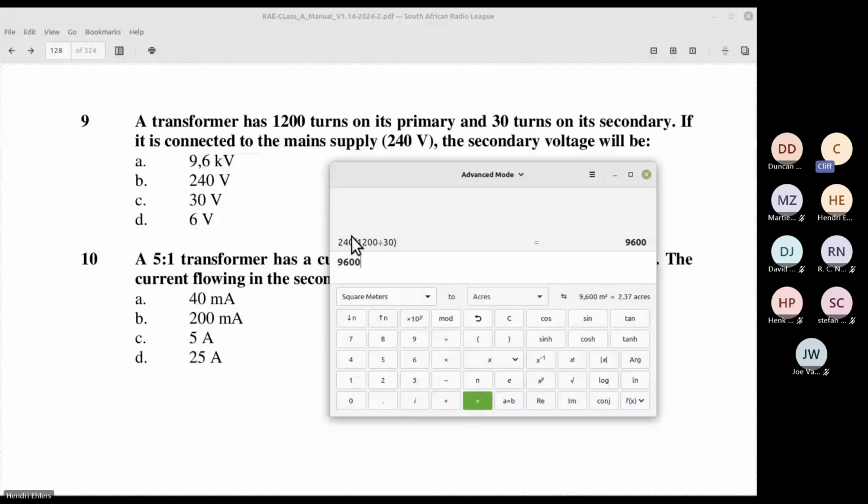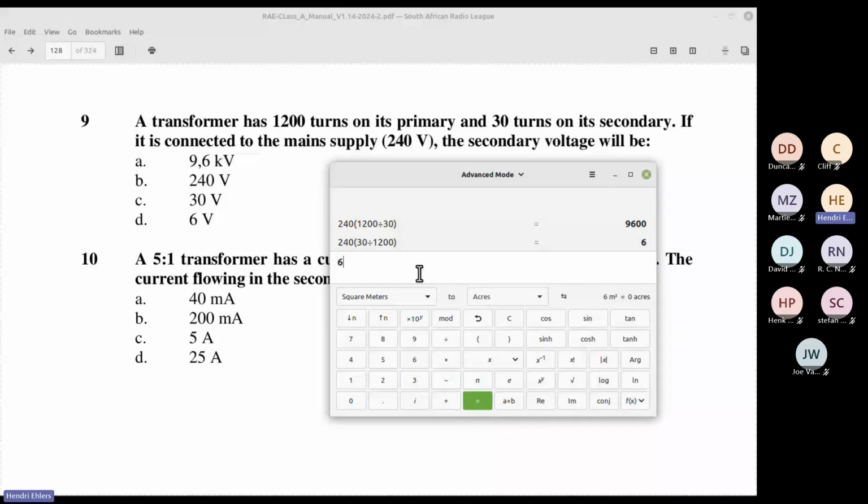No? 30 divided by 1,200. Or you can use the inverse if you use primary over secondary.